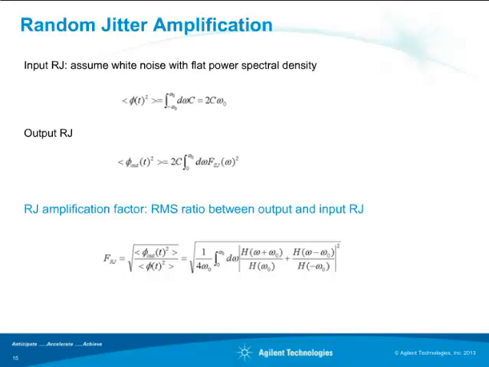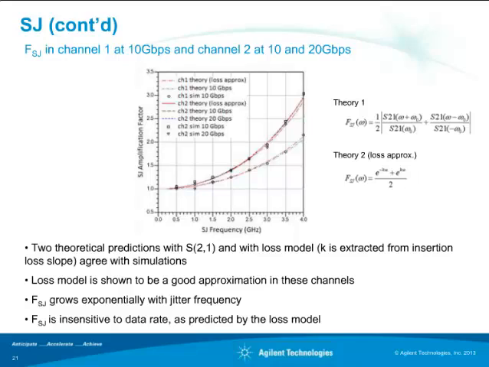One of the slides you mentioned that jitter amplification is insensitive to data rate. Can you explain why that was? In most cases, jitter amplification was very sensitive to data rate. That is only for the SJ case. That has to do with the lossy model, the exponentially lossy model, which is a very good approximation in most of the channels.